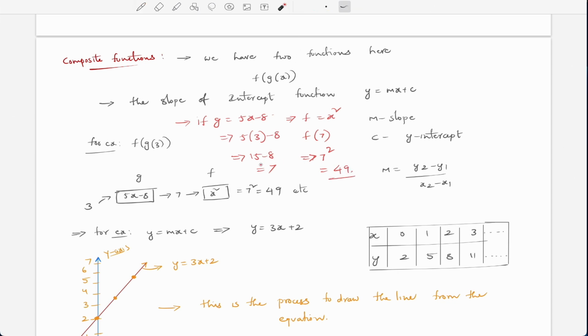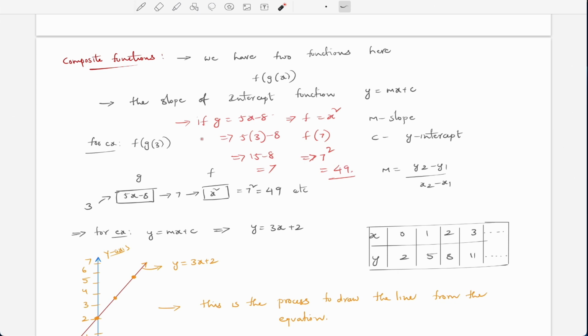I hope you're getting it. So we have g of x, whose value is 7, and the f function, which is equal to x square. We just simply square the value, whatever it may be. In this example it is 7, or it may be 8 square, or 9 square, or 1 square also. It depends upon the problem.